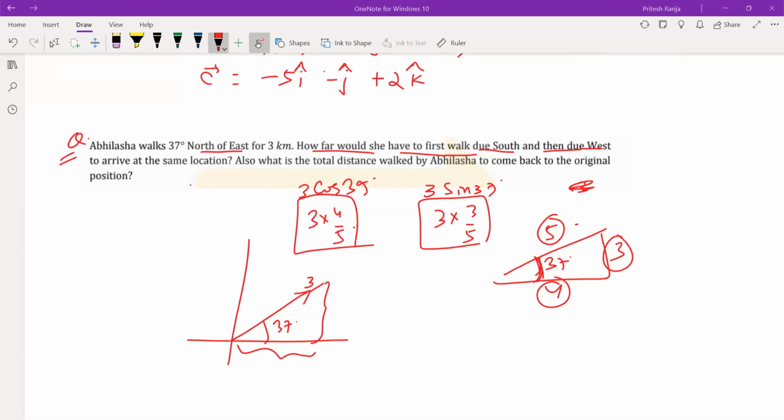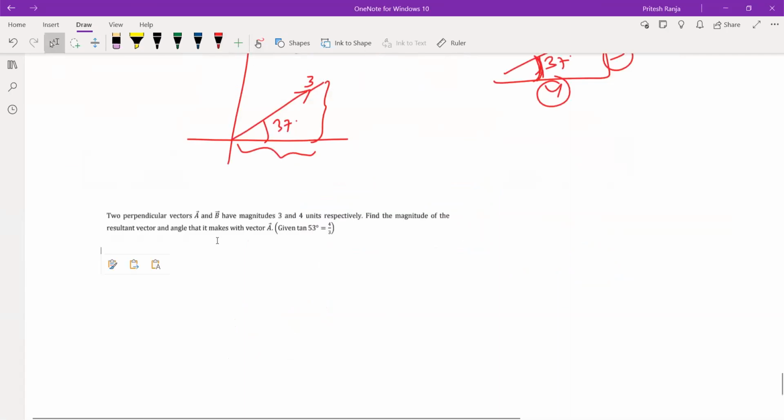It says for coming back as well. So when we add that, it takes this much distance. It walks this much distance to go from initial to final point. Okay, very simple one this was.